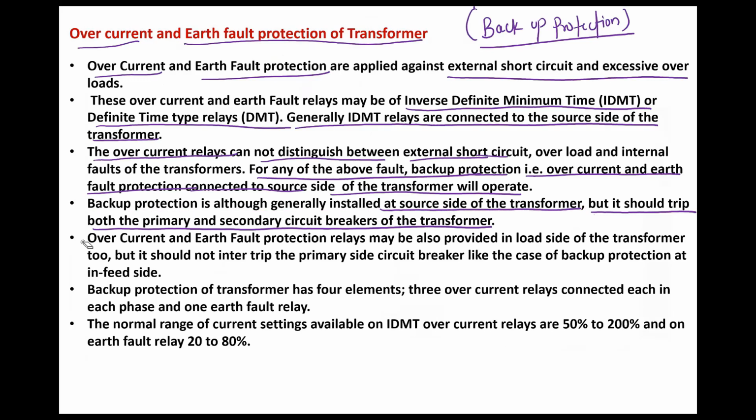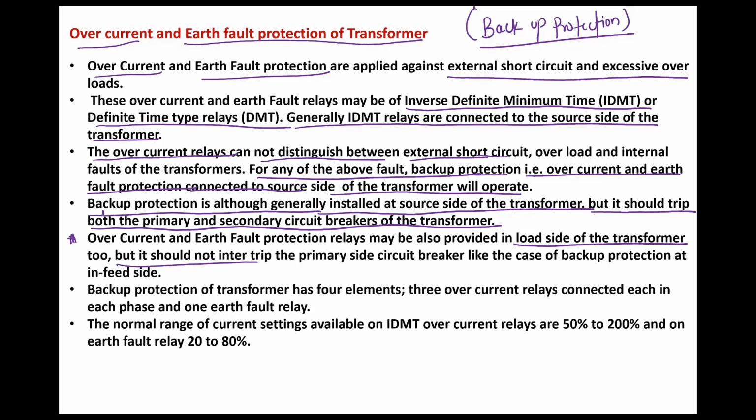Backup protection is generally installed at the source side of the transformer, and it should trip both primary and secondary circuit breakers of the transformer. But that is not the case for every fault. If the overcurrent or earth fault happens on the load side of the transformer, only the load side breaker should trip, but the primary breaker should remain intact.